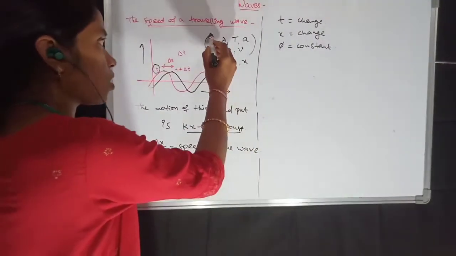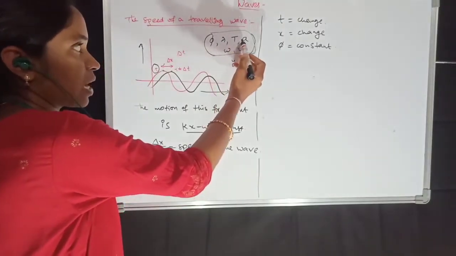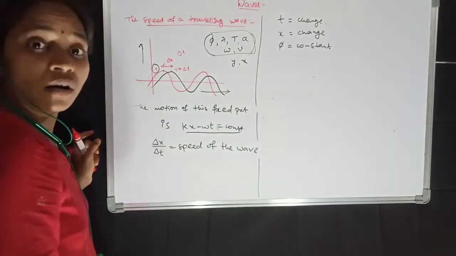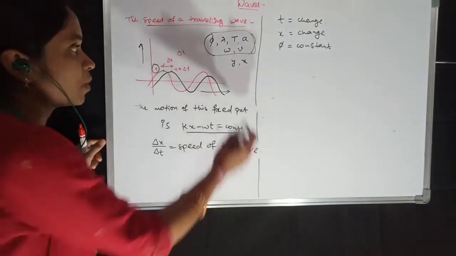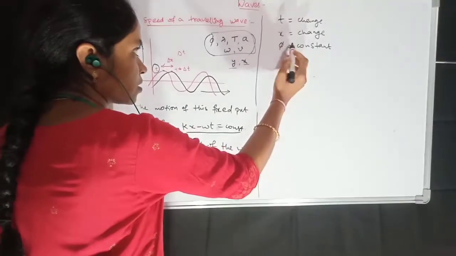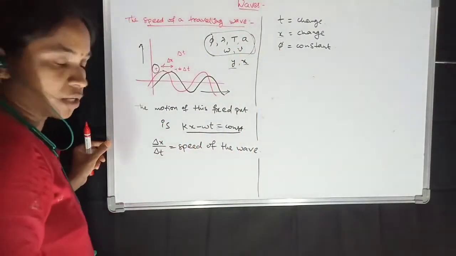All this terminology, that is phase, wavelength, time period, amplitude, frequency, angular frequency, and linear frequency, remains constant with respect to time, but the displacement of the particle and the wave changes. So as the time changes, x changes and the phase remains constant.